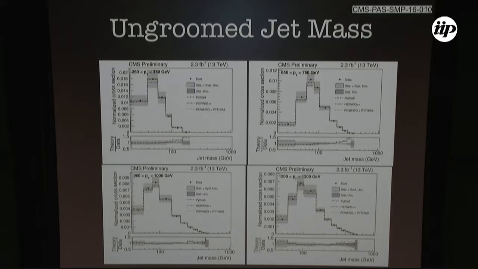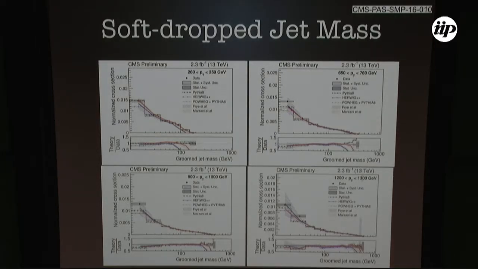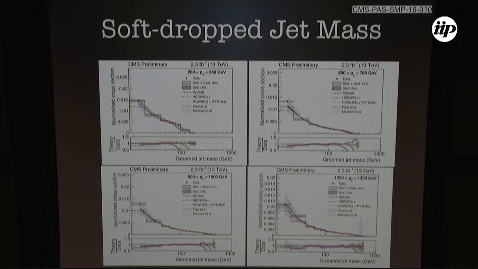Who knows? But then they also looked at the exact same variables using soft drop. Now the soft drop should cut away the soft radiation, underlying event and pileup. And then actually the discrepancy is larger, even for all the bins.